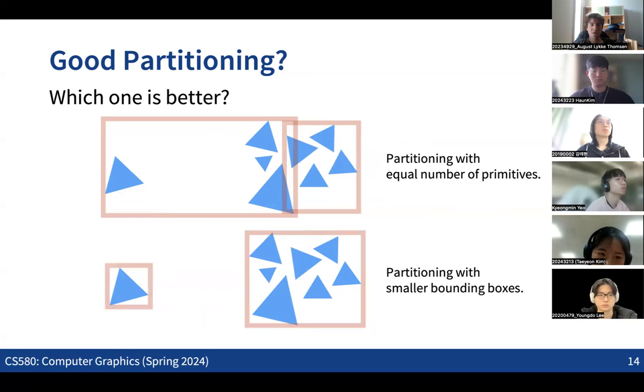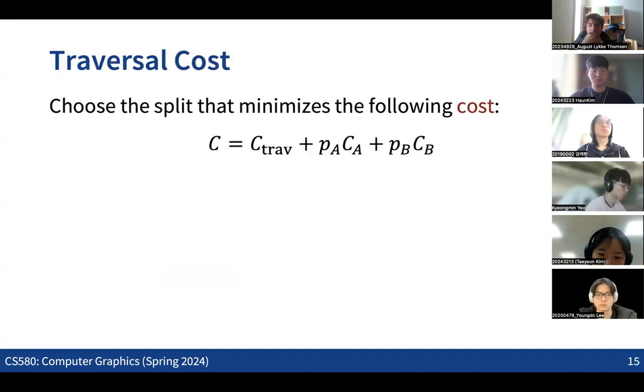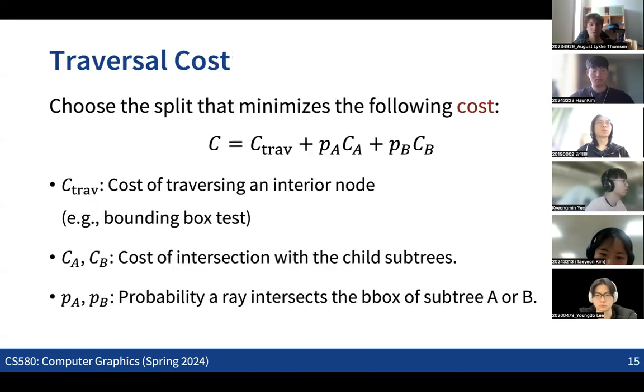Using this ratio of surface areas is one very simple heuristic that we can use.